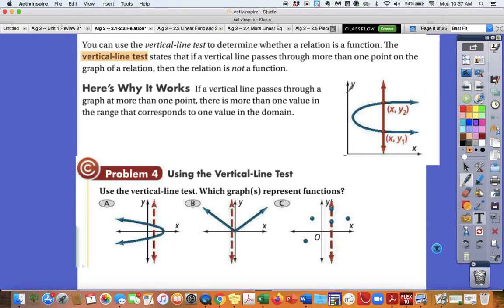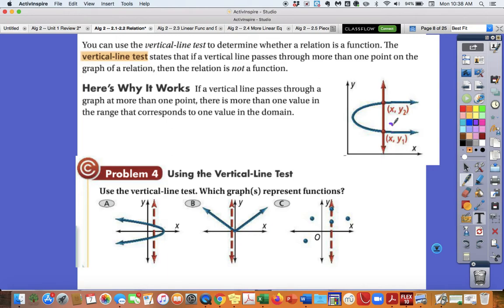Now, if you're talking about a graph, it's so much easier to distinguish function or relation if we use something called the vertical line test. The reason we do a vertical line test is that if the x value is the same, then the 2 points will be in a vertical line.